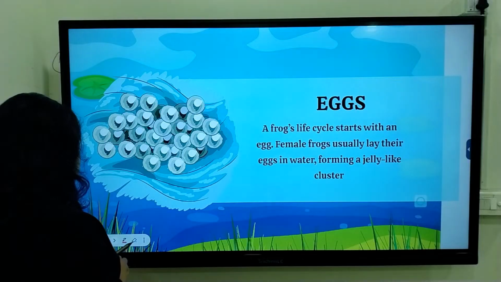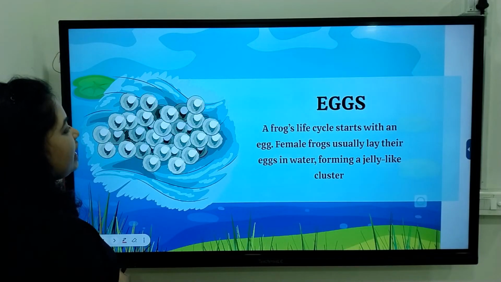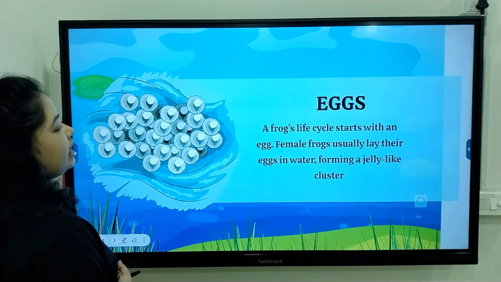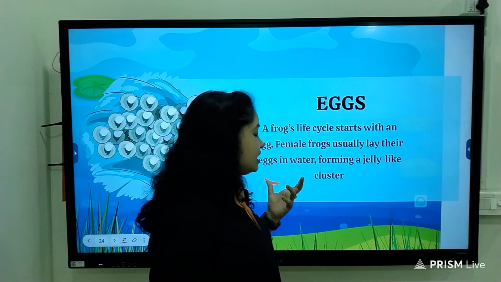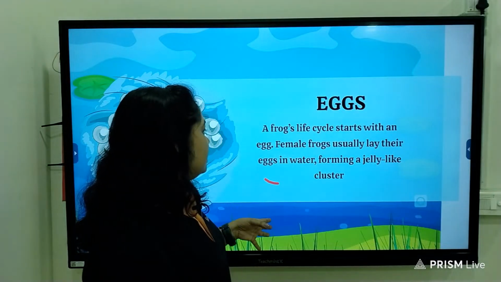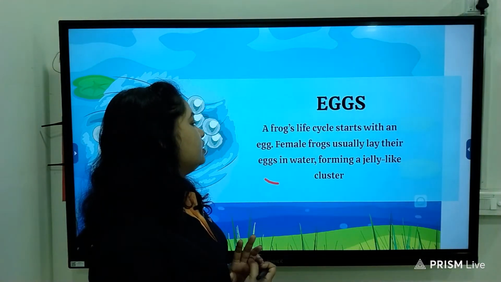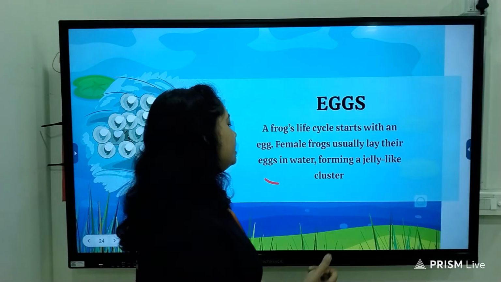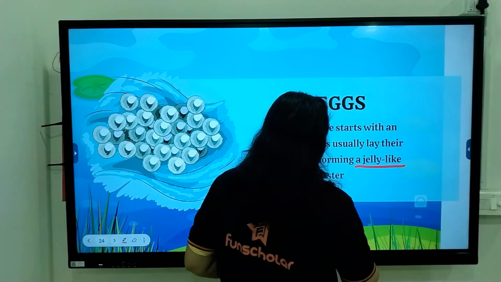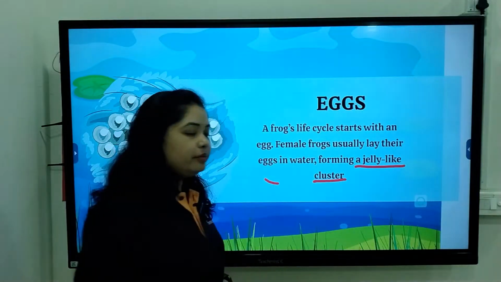The first stage is that of the eggs. It is the starting, the first initial stage, and the female frogs lay these eggs in water in a jelly-like cluster. Cluster means in groups.